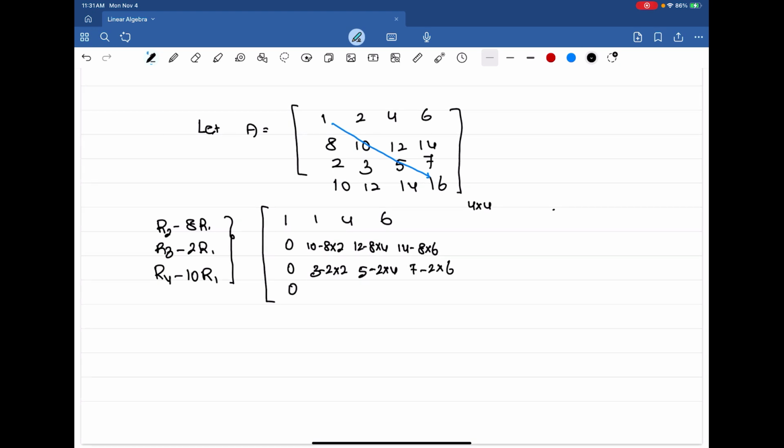Now let's come to R4. 12 minus 10 into 1. R4 is 14 minus 10R1, that means 10 into 4. Then 16 minus 10 into 6.